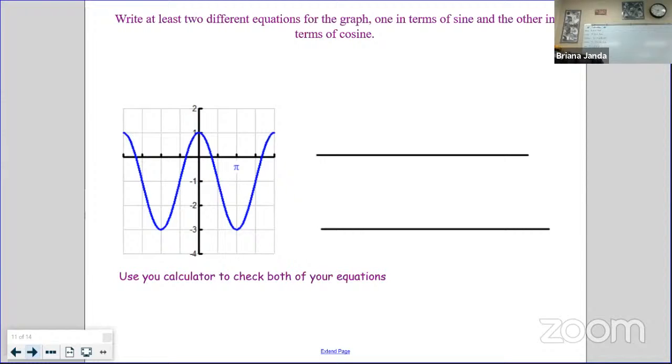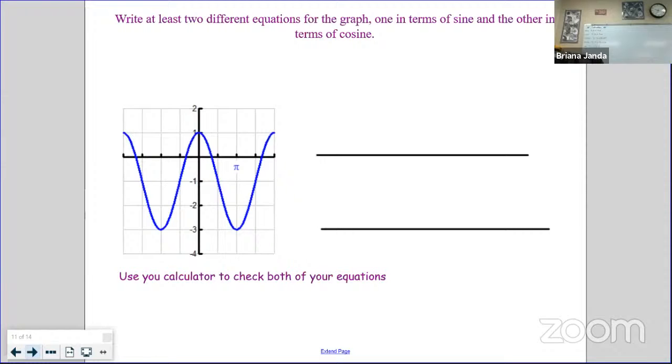I believe this one is actually 1, because to get from that maximum to a maximum, it takes the same distance. It starts at negative pi and ends at positive pi, so that distance is 2 pi.